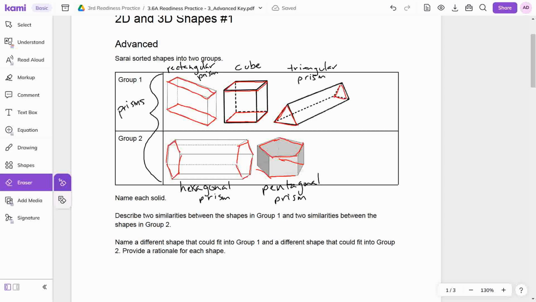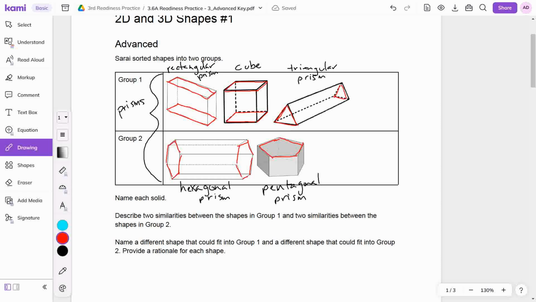And what do we need to do next? Well, we need to describe similarities that we are going to see between the shapes in group 1 and then the shapes in group 2. So two similarities. Well, we've started looking at faces, so I want to finish with the faces. Let's look at group 1.